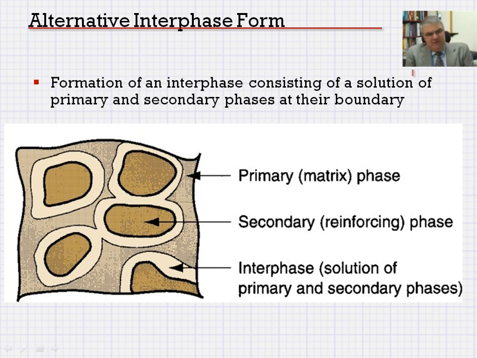The formation of an interface consisting of a solution of primary and secondary phase at their boundaries is shown here. Again, the primary phase or the matrix is shown here with the lighter brown. The secondary is shown here with a different brown, more like khaki, depending on the quality of your monitor and so on. The interface, a solution of the primary and secondary phase, is also shown here.